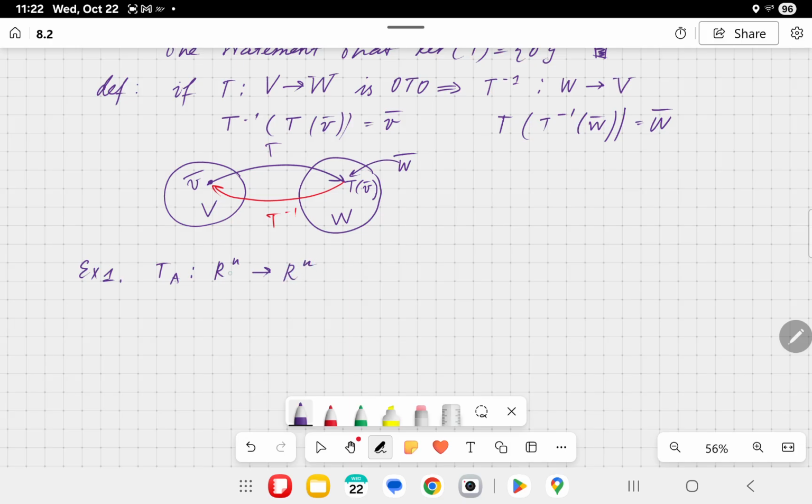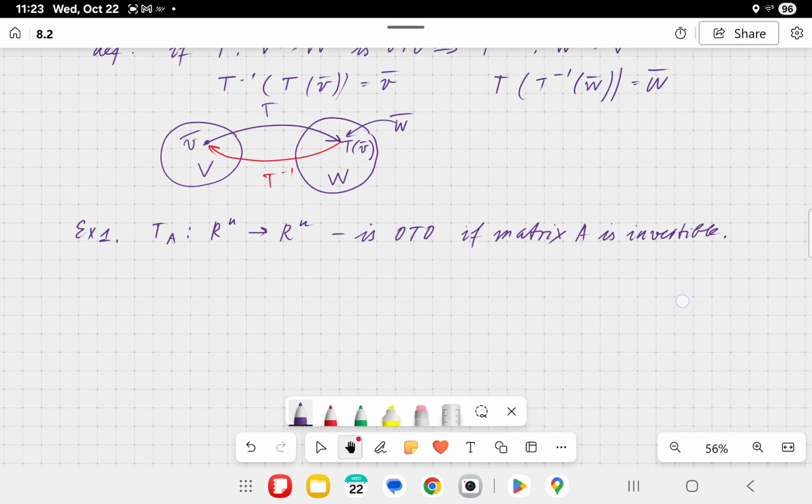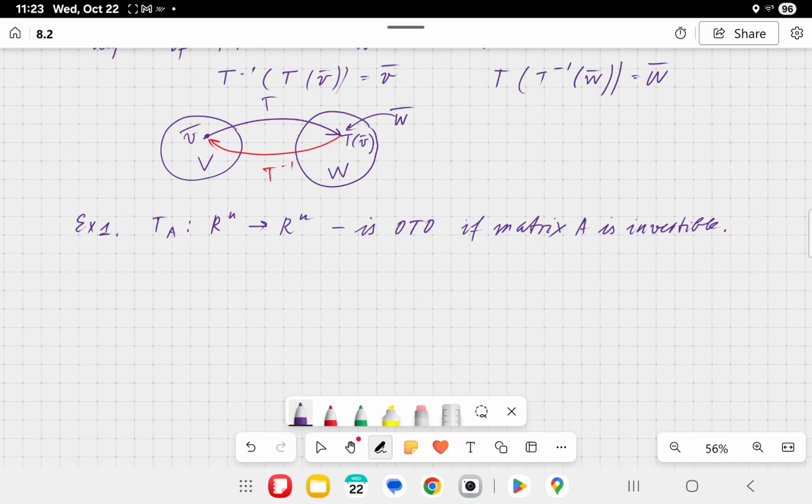When you do a transformation from Rn to Rn, and if this transformation is one-to-one, if matrix A, maybe I should write a matrix because it looks like just a letter A, is invertible, well, an invertible matrix is going to produce a matrix transformation.